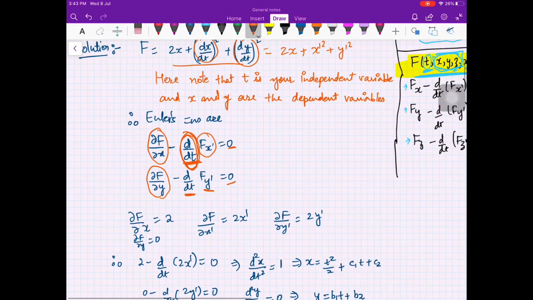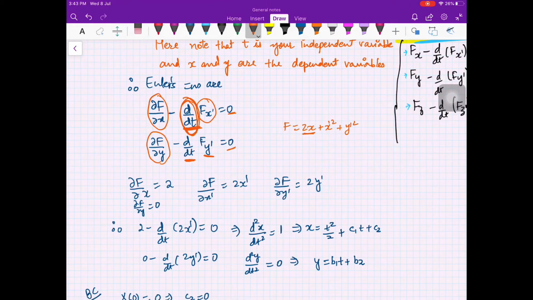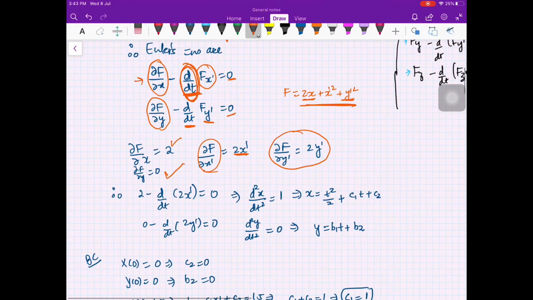Your f here is 2x plus x dash square plus y dash square. So you will get curly f by curly x is 2, curly f by curly y is 0, curly f by curly x dash is 2x dash, and curly f by curly y dash is 2y dash. Now you just put these here. So you will get 2 minus d by dt of 2x dash equal to 0.